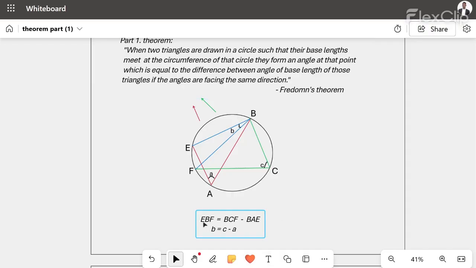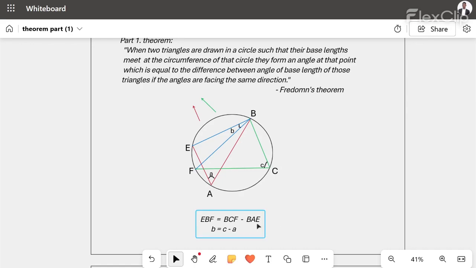As you can see here, angle EBF, which is angle B, is equal to angle BCF, which is angle C, minus angle BAE, which is angle A. As stated in a simpler equation here, angle B, this angle, is equal to angle C, this angle, minus angle A.